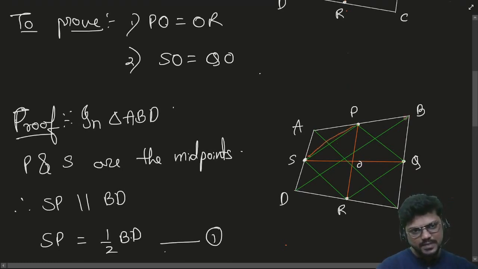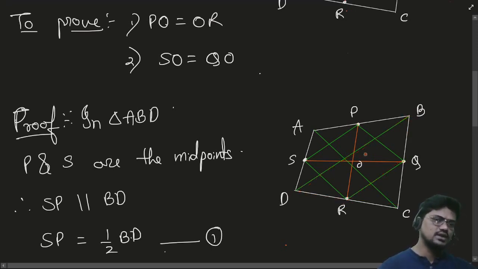We know that SP is parallel to BD. Why will SP be parallel to BD? By the midpoint theorem. SP is parallel to BD, and SP is equal to half of BD by the midpoint theorem. Also, in this triangle, RQ is parallel to BD and RQ is half of BD.